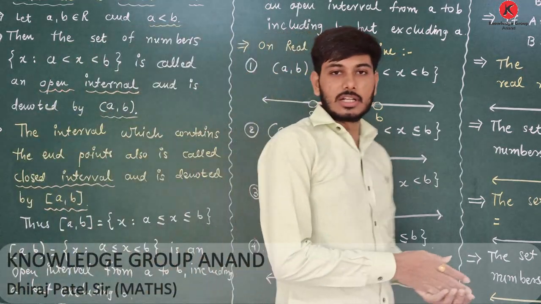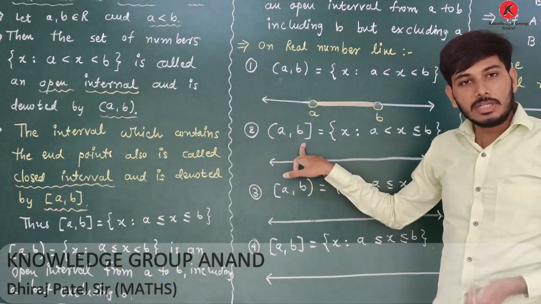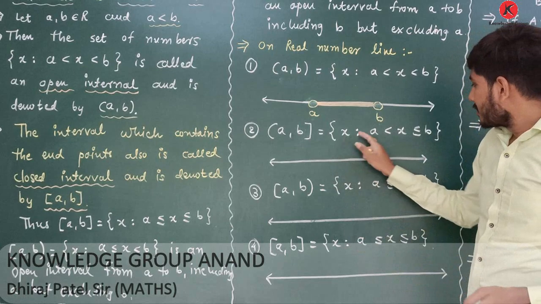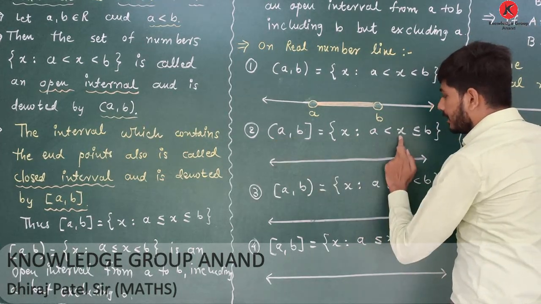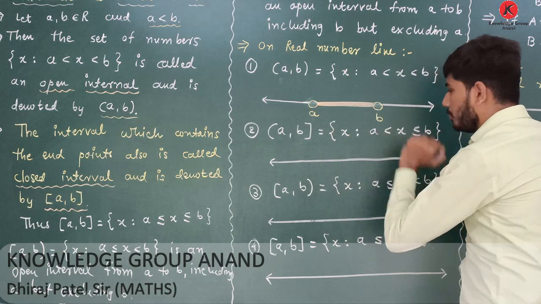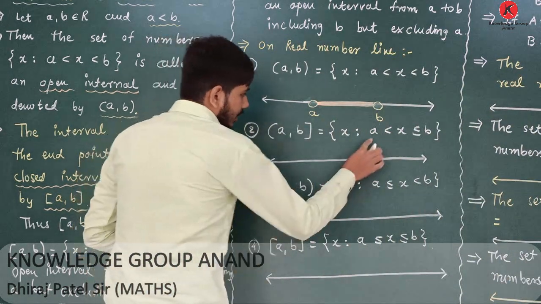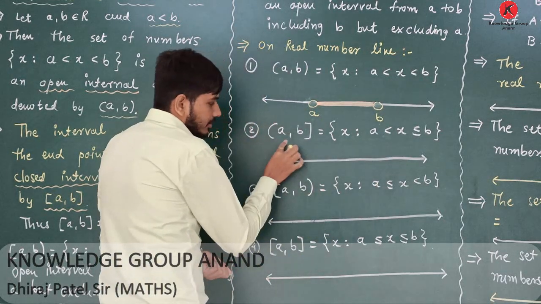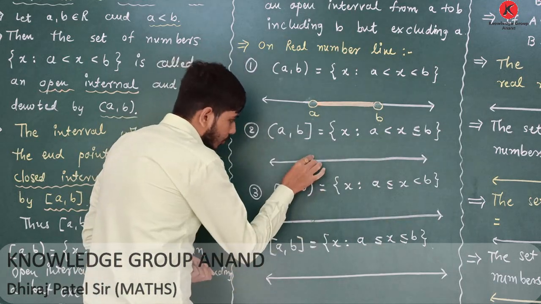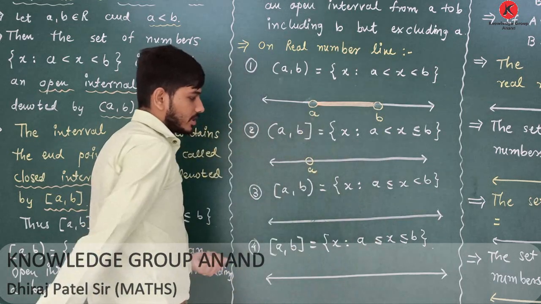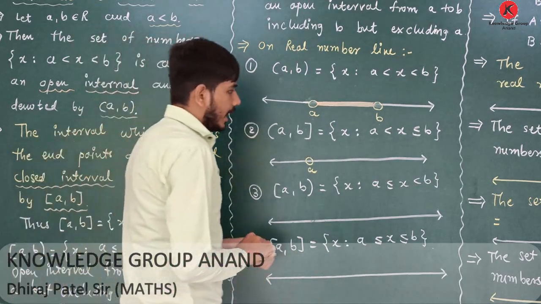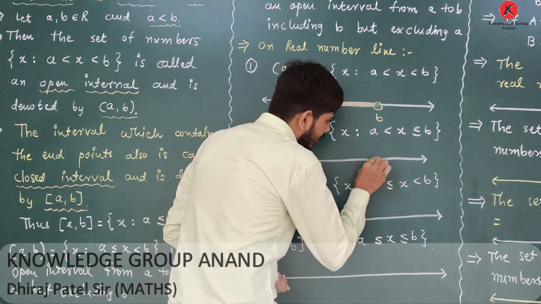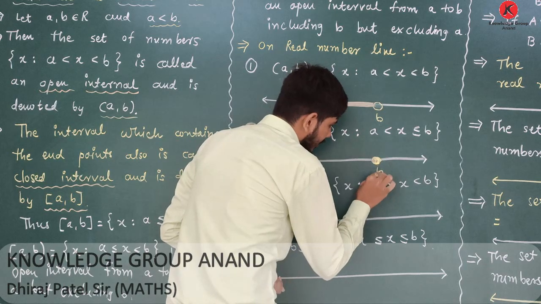Now the second one, open interval from A to B including B but excluding A, which is written in set builder form as x such that A less than x less than or equal to B. Here A is not included, therefore we put a hollow circle here, and B is included, therefore put a dark circle here.